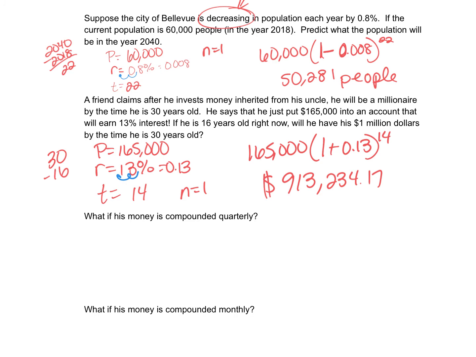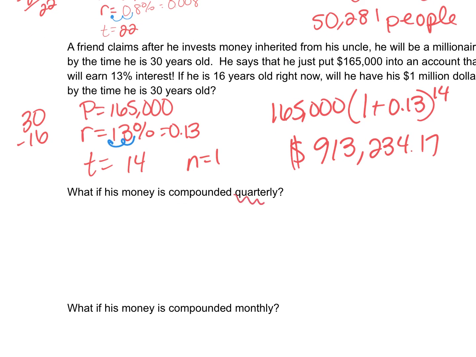So now, what would happen if we did the same thing, except this time it was compounded quarterly? So all of that is going to stay the same except for the n. What does quarterly mean? Well, that's 4 times. So it would be compounded when the n is 4. So now we're gonna have almost the same formula except a couple things are gonna change. So it'll be 1 plus 0.13 over 4.